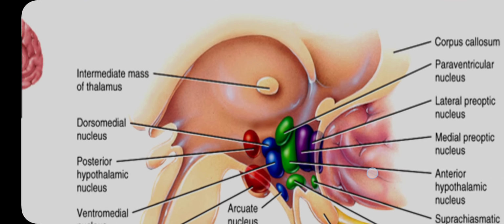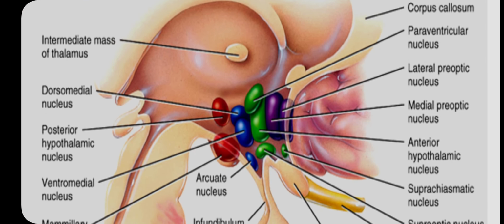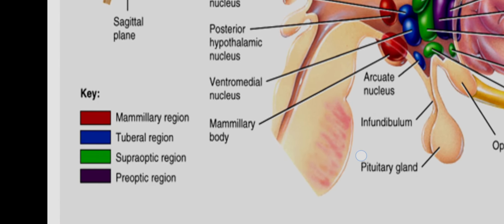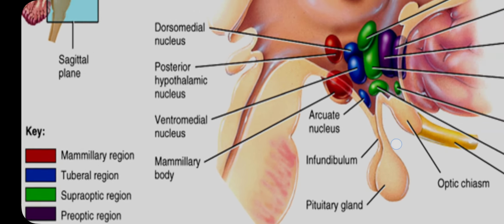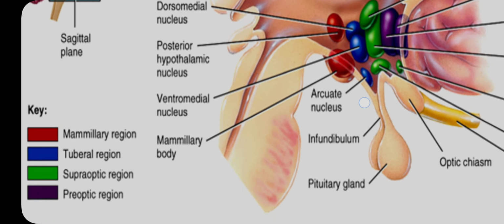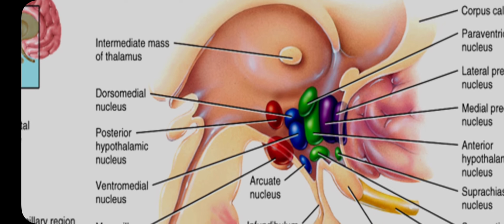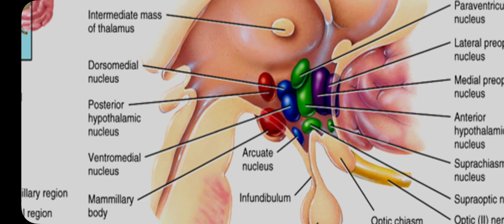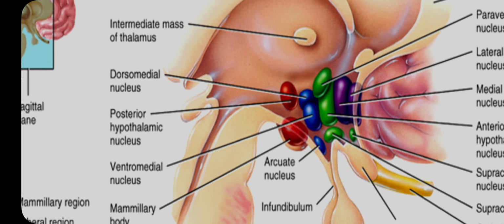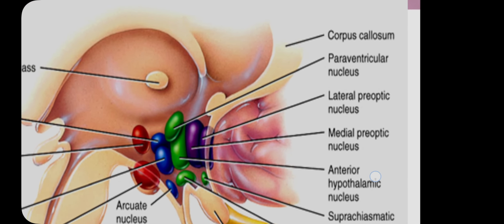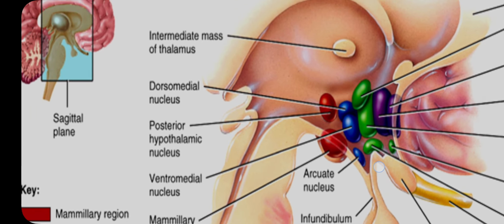In this diagram you can see the different areas of the hypothalamus. This is the preoptic area, denoted by the violet color, and the green is the supraoptic region. You can see it's further divided into different nuclei.